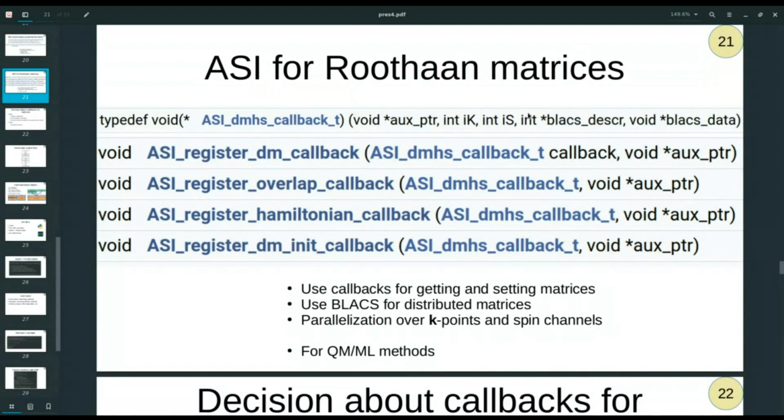So currently the ASI API expects blocks format for the matrices. If internal representation of the matrix is different, then it's necessary to convert it. But yes, we are aware of that problem and we are going to address it. So let's actually introduce support of sparse matrices.